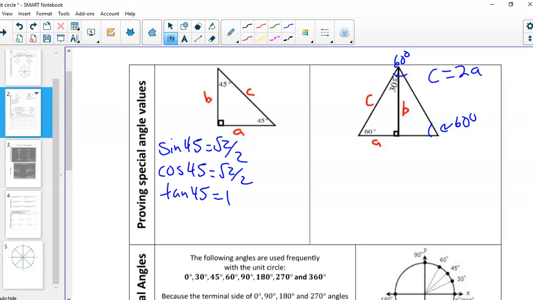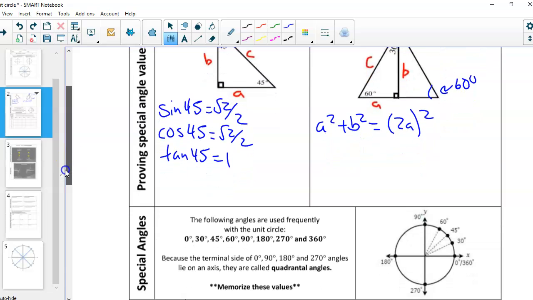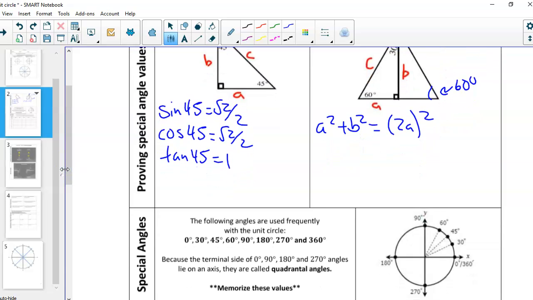So just like we did last class, we are going to start off by finding the side length. So how do we find side lengths of a triangle? Pythagorean theorem. So using what we have, I'm going to say that this is now 2a instead of c. So I have a squared plus b squared equals 2a squared. So that becomes 4a squared.